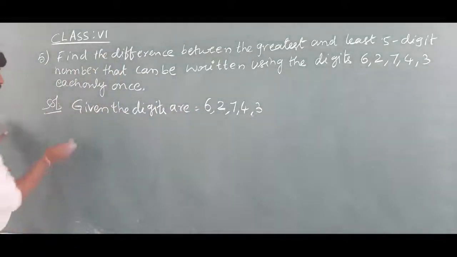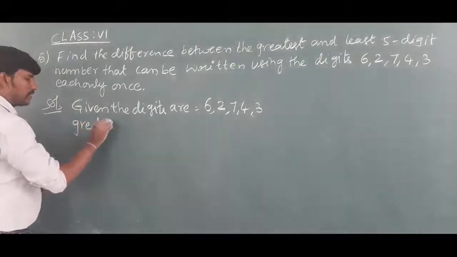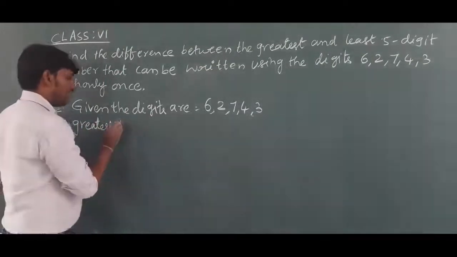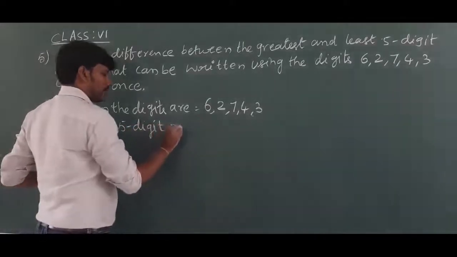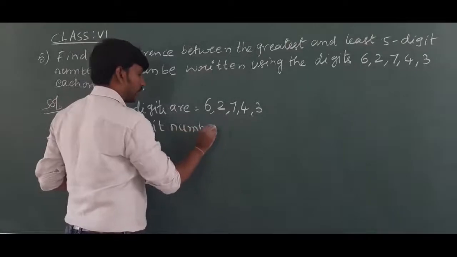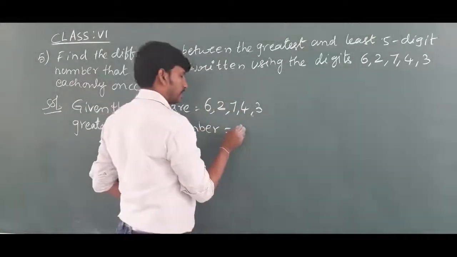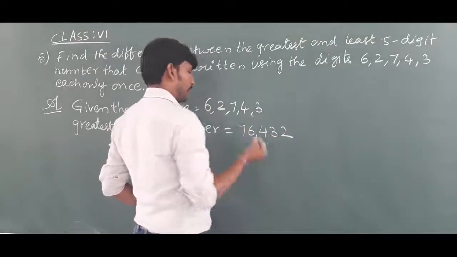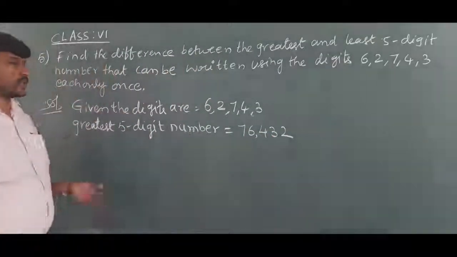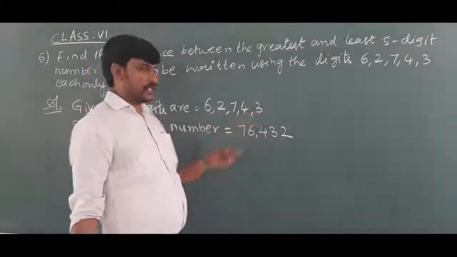So now the greatest 5-digit number is equal to, write in descending order of all these digits, 76,432. 76,432 is the greatest 5-digit number by using the given digits.